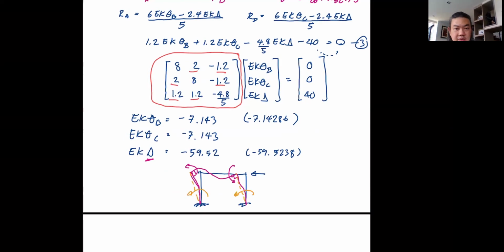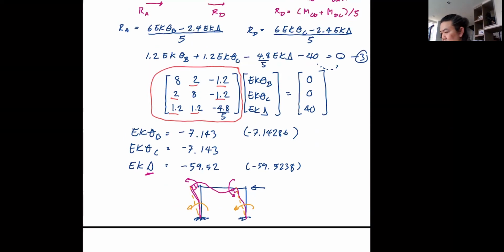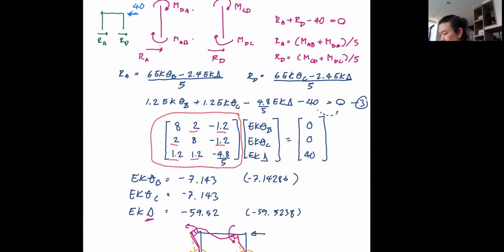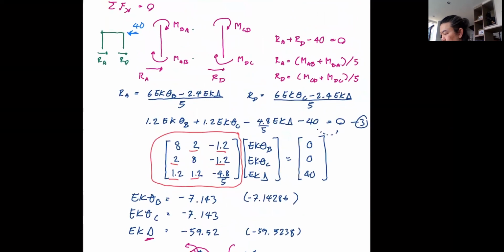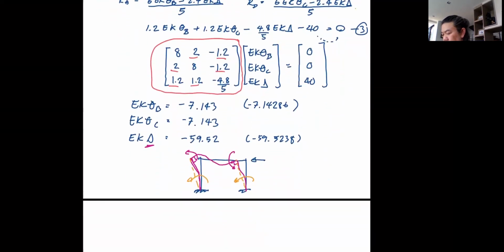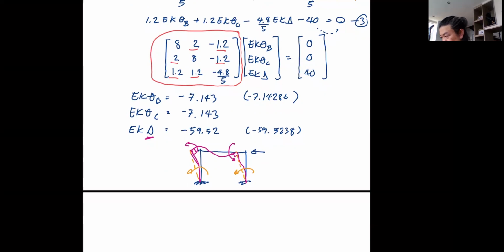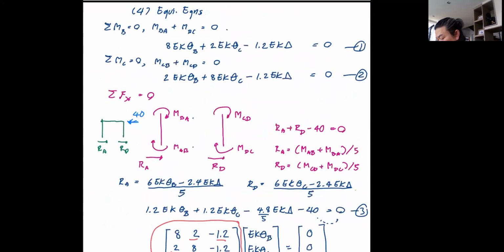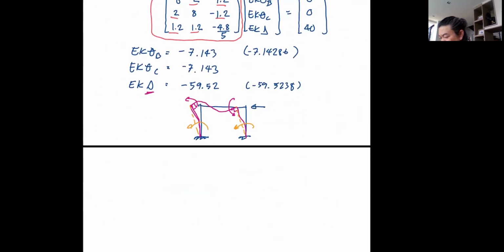So now you see the sign conventions all make sense with what we have from our answer. So if you use your sign convention, not like the way I constructed my third equilibrium equation here, keep in mind that in the end, it should give an answer that makes sense. So now with these numbers, I can go back, and this is step number 5, right? End moments.